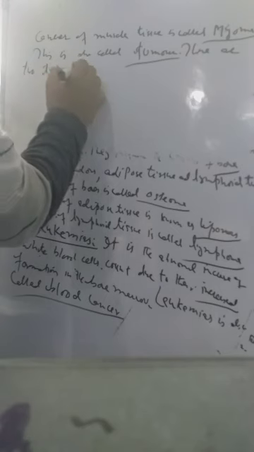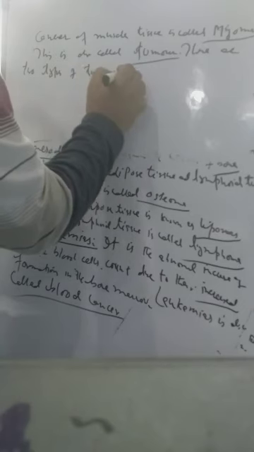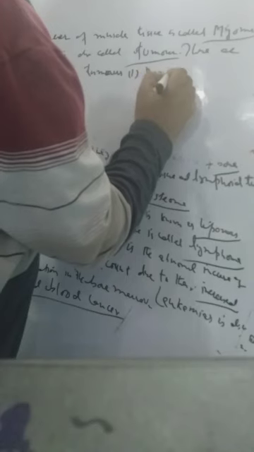There are two types of tumors: benign tumor and malignant tumor. One is the benign tumor.